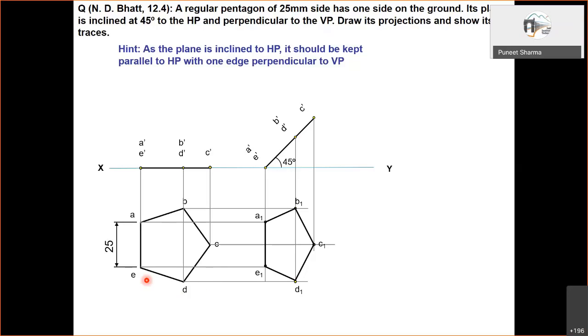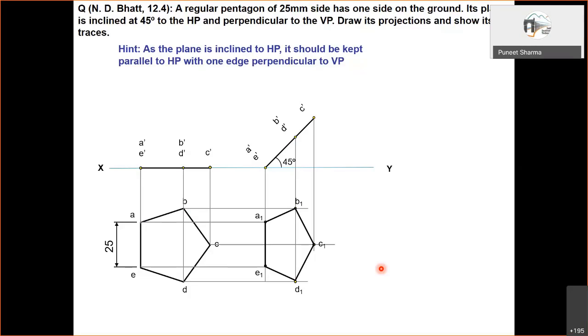One thing we did was keep it on the horizontal plane, and keep this edge perpendicular to the VP, or in the top view perpendicular to the XY line, so that we not only obtained the front view as a line view, we also obtained this edge in the form of a point view. This allowed us to obtain this renewed position while keeping this in the same plane. So that is how we solve for this case.